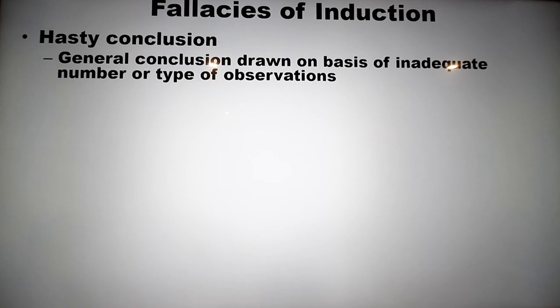A hasty conclusion fallacy is when you draw a general conclusion on the basis of an inadequate number or type of observations.